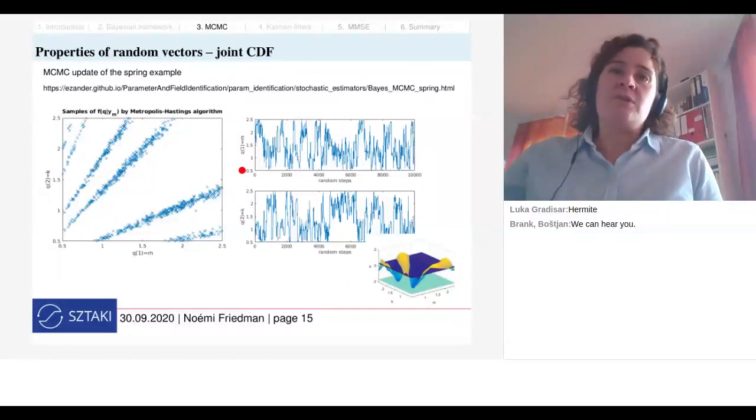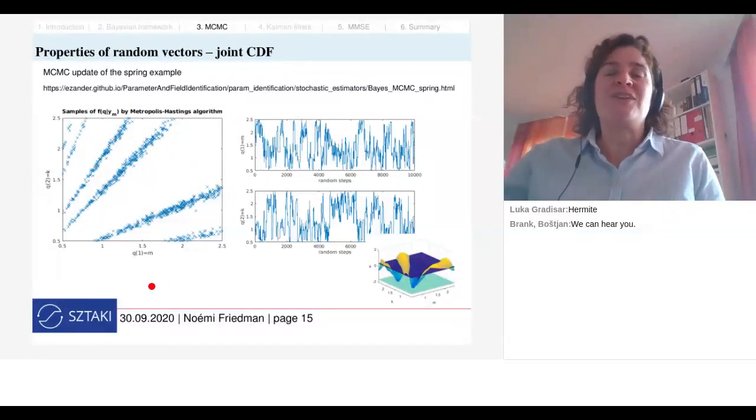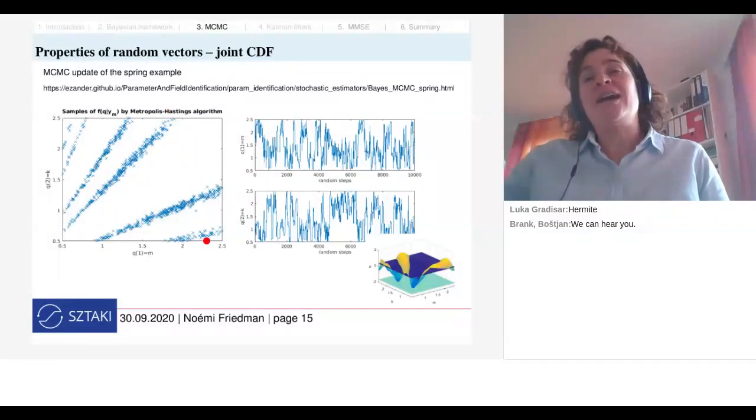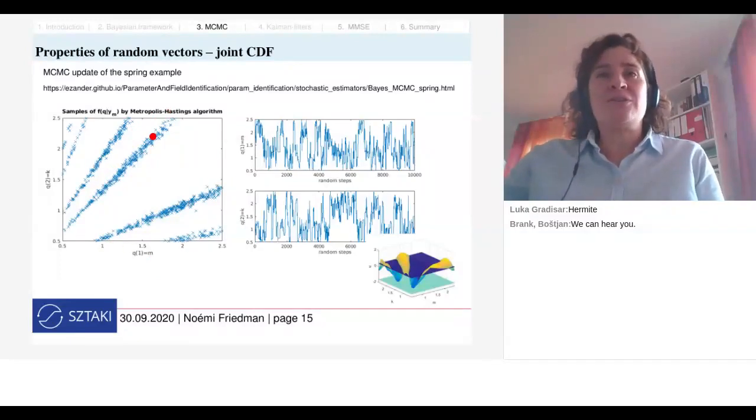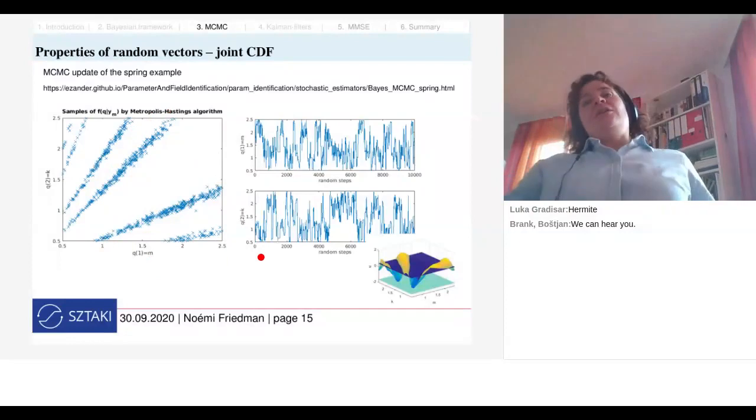And this is what I get from the sample. So it really discovers all these good combinations of K and M, which lie along a line, of course, because they depend on the ratio of K and M.